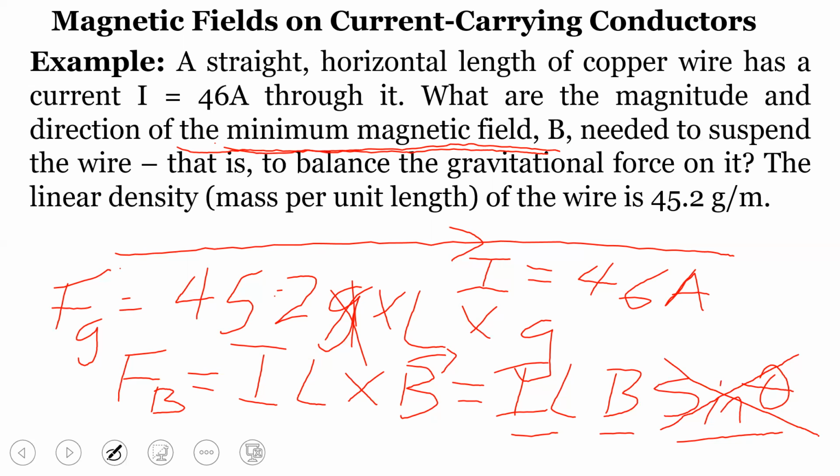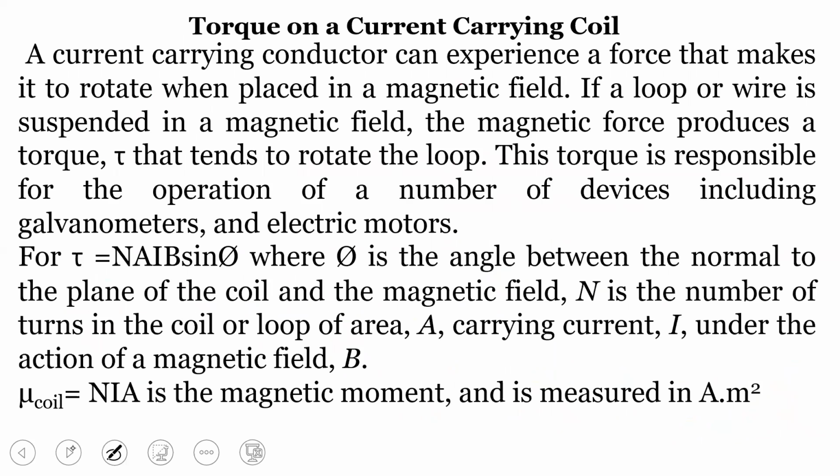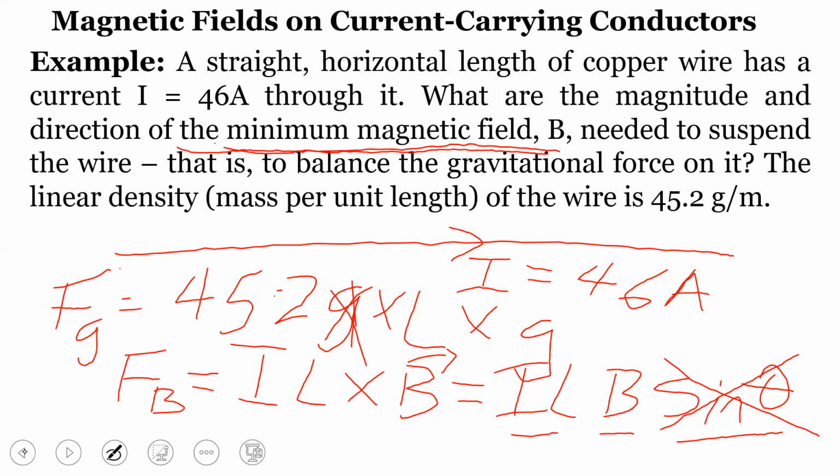So we equate Fg to Fb, and that gives us 45.2 times L times g, where g is acceleration due to gravity.